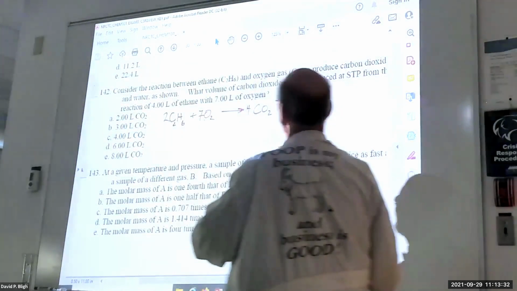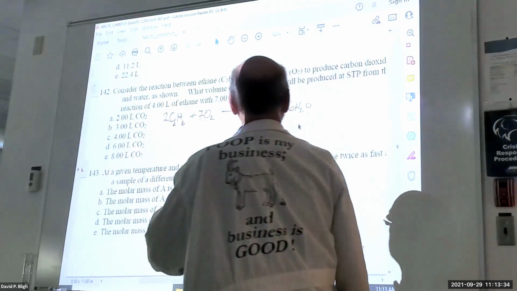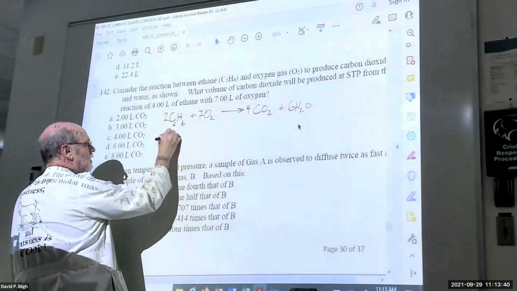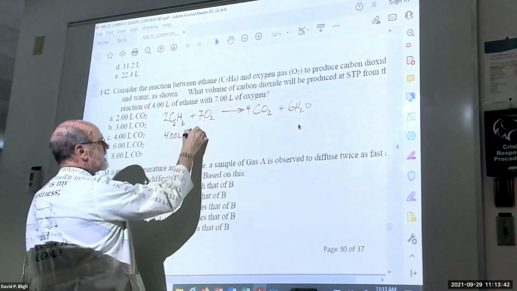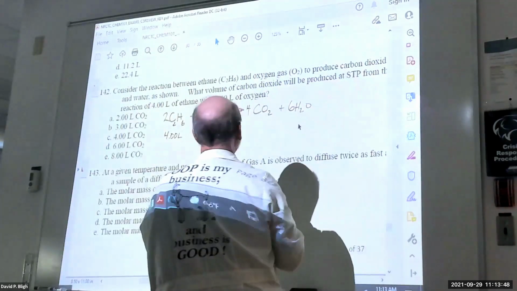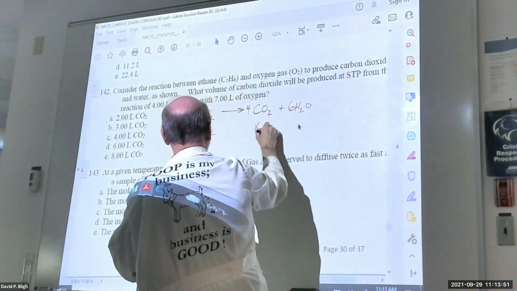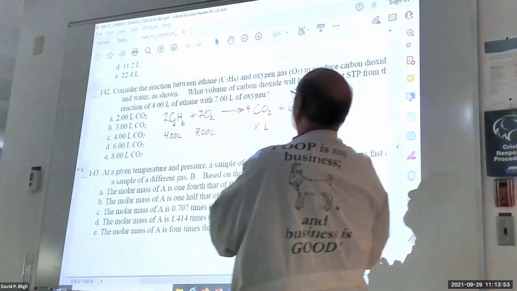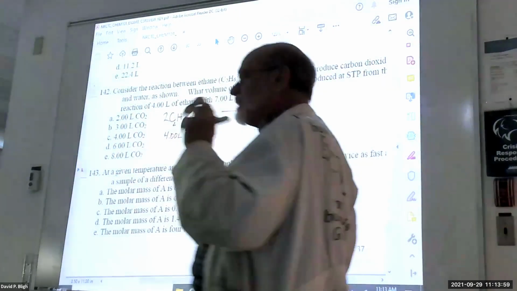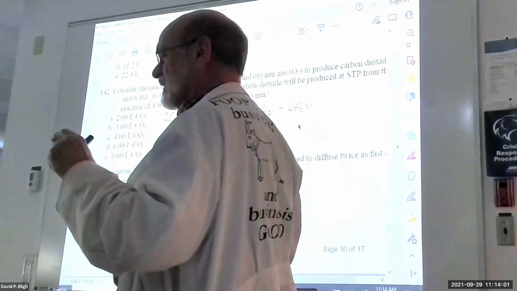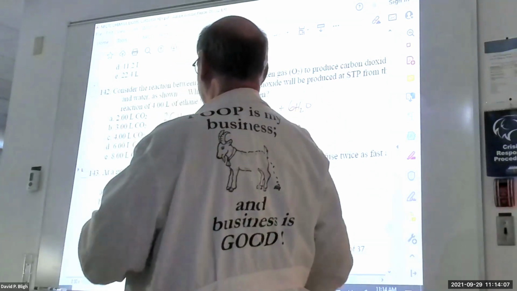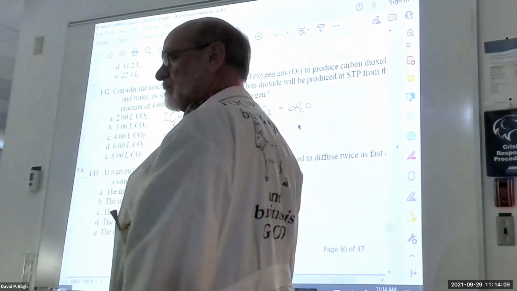Okay. Now, what volume of carbon dioxide would be produced at standard temperature and pressure from a reaction of 4 liters of ethane and 7 liters of oxygen? And we want to know the volume here. Okay. When you're given absolute amounts of reactants, you have to assume that one of them is going to run out.